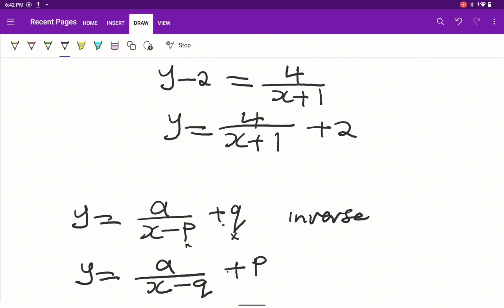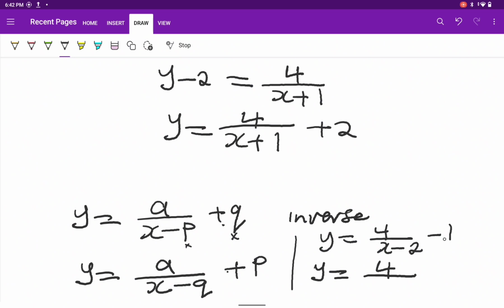So let's look at how this worked. Remember, we had y equals 4 over x minus 2 minus 1. So the inverse, according to what I'm explaining here, if we want the inverse, we'll have y equals 4 over x. The 1 will come here with a changed sign, so it will be x plus 1, and the 2 will come here with a changed sign, it will be plus 2.